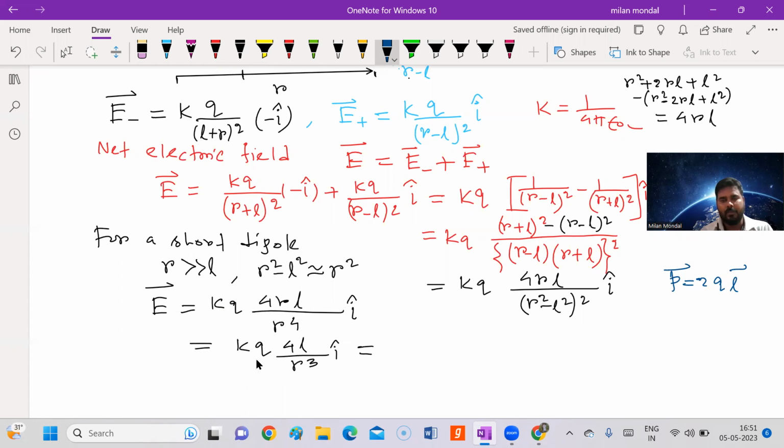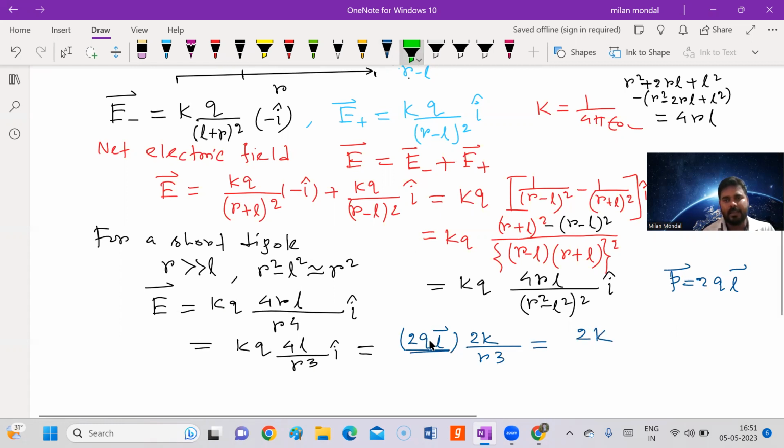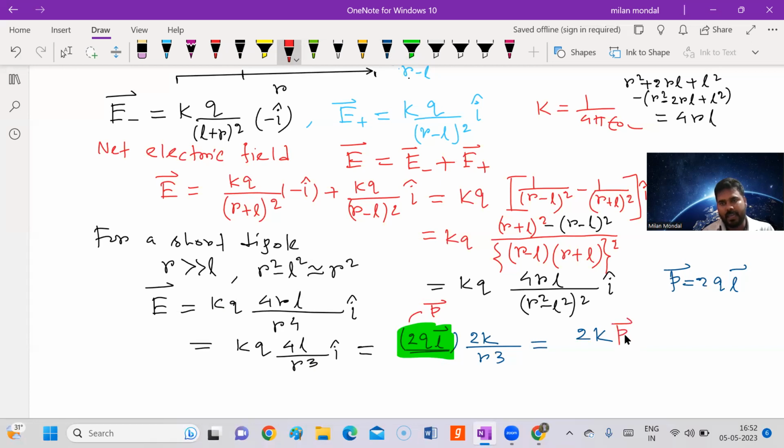So from this term you can write 2QL, and L into I vector is the L vector. That will remain with 2K by R cube. So we can write 2K, and this physical quantity is nothing but the dipole moment P vector. So 2KP by R cube. This is our final result.